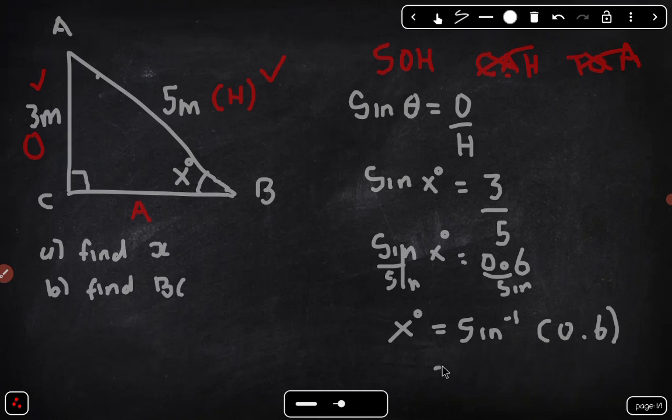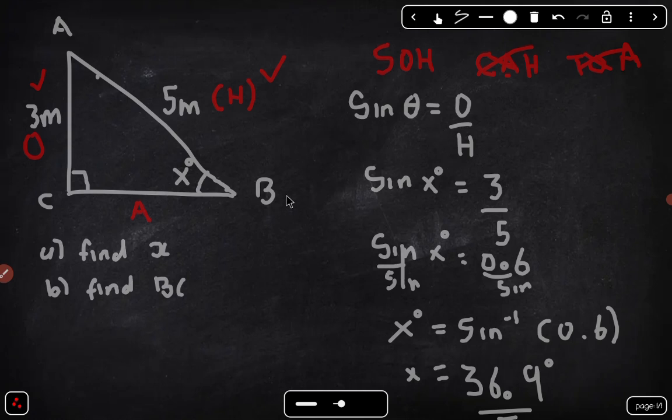Then you perform this on the calculator: press shift, sin, 0.6. There you get 36.9 degrees as your angle.